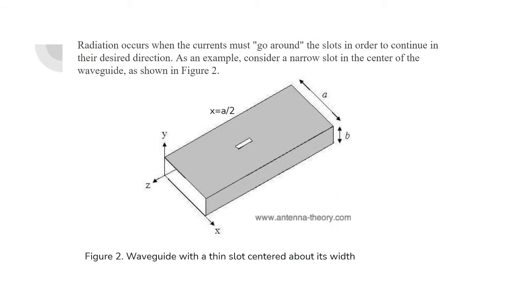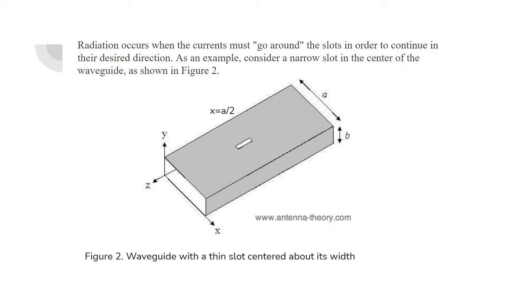In this case, the Z component of the current will not be disturbed because the slot is thin and the Z current would not need to travel around the slot. So the X component of the current will be responsible for the radiation.